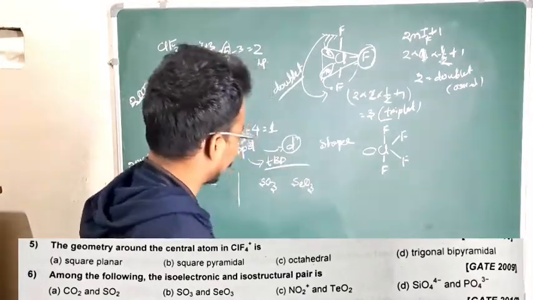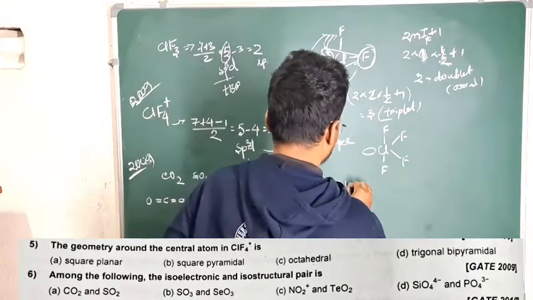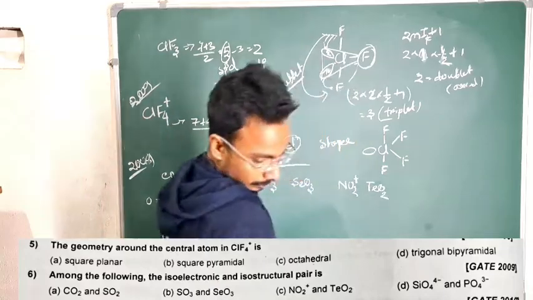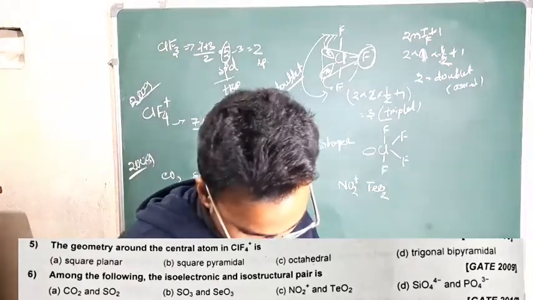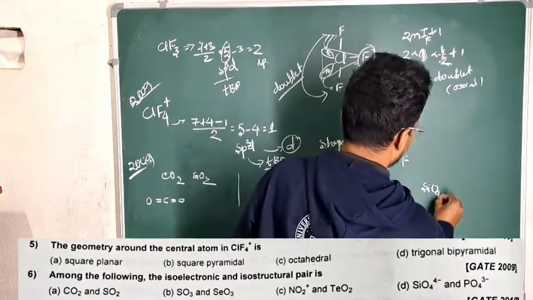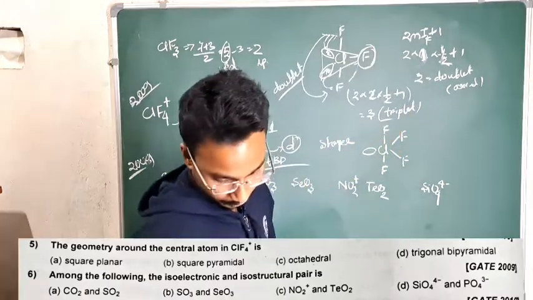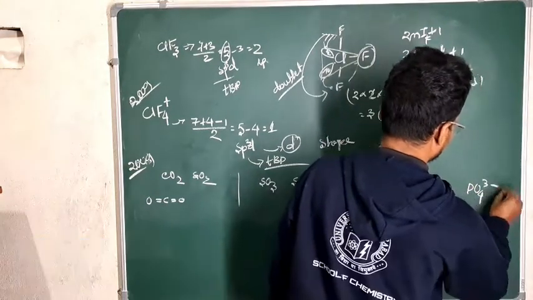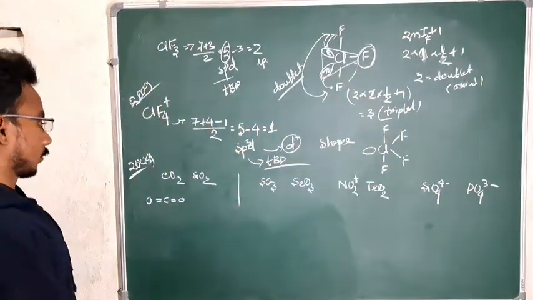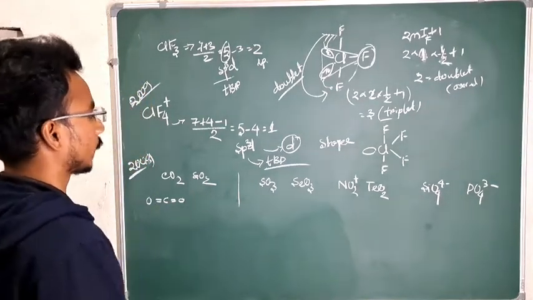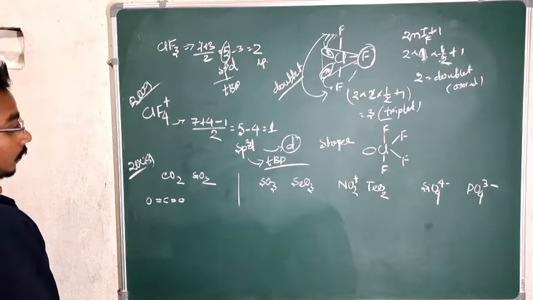NO2 plus and TeO2. And SiO4 4 minus, and PO4 3 minus. So solve it by yourself and tell me what will be right.